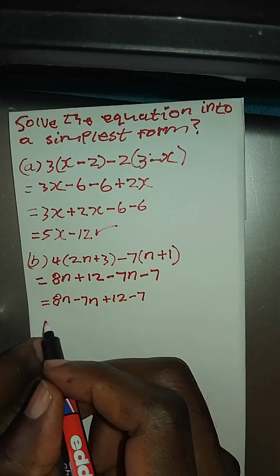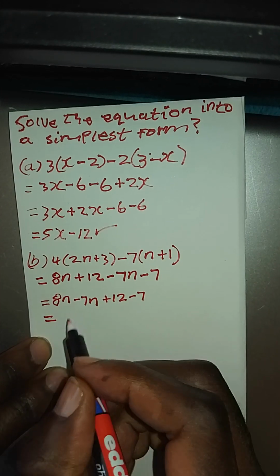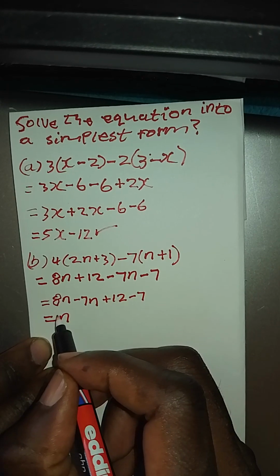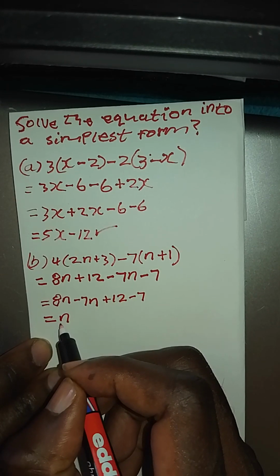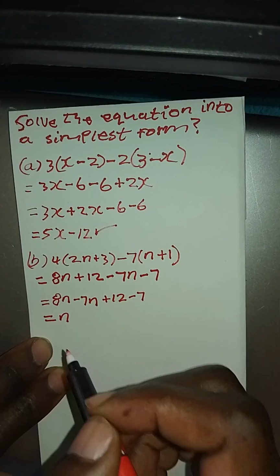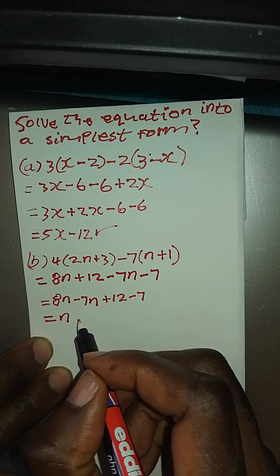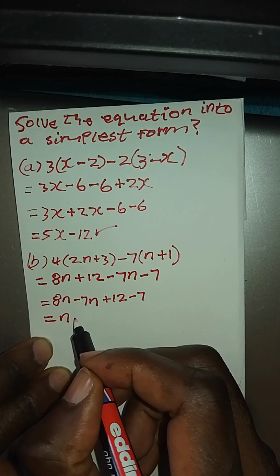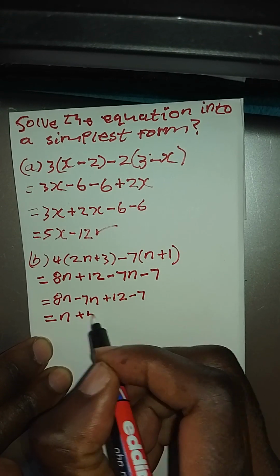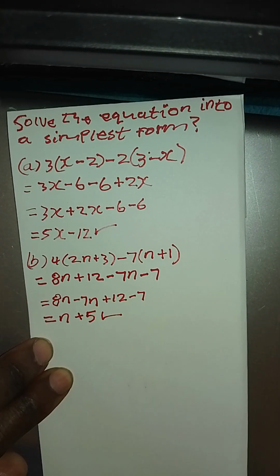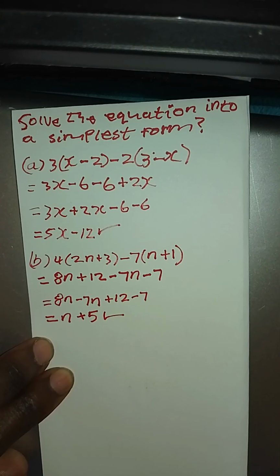So the simplest form is going to give us n, because you cannot write 1n, no. Just write n altogether. Now, 12 minus 7 to give us what? To give us positive 5. That is the final answer.